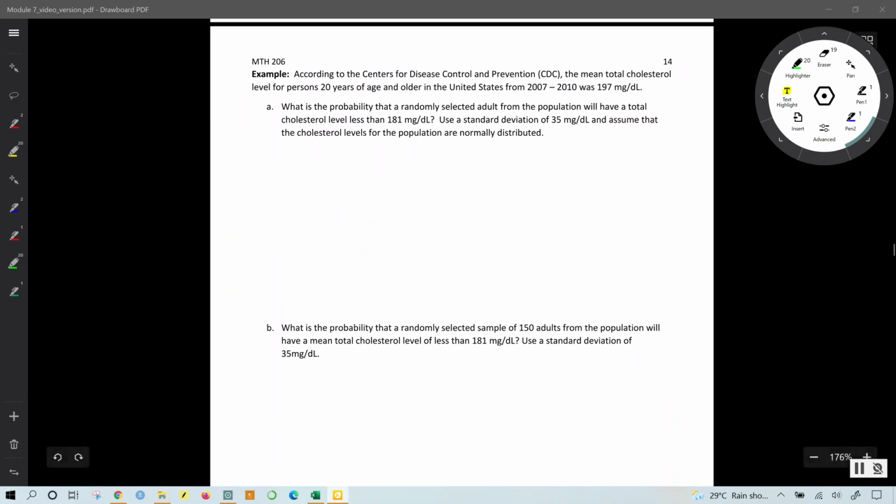In the next question, we are told that according to the Centers for Disease Control and Prevention, the CDC, the mean total cholesterol level for persons 20 years of age and older in the United States from the years 2007 till 2010 was 197 milligrams per dL.